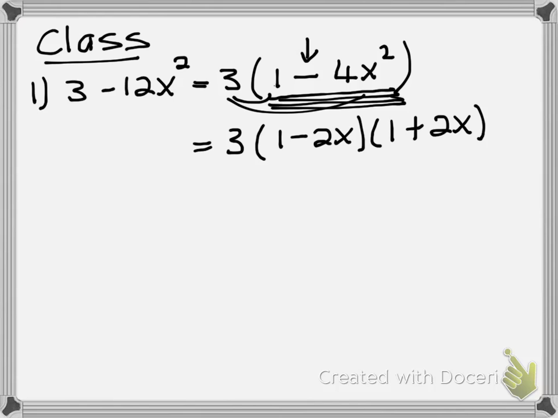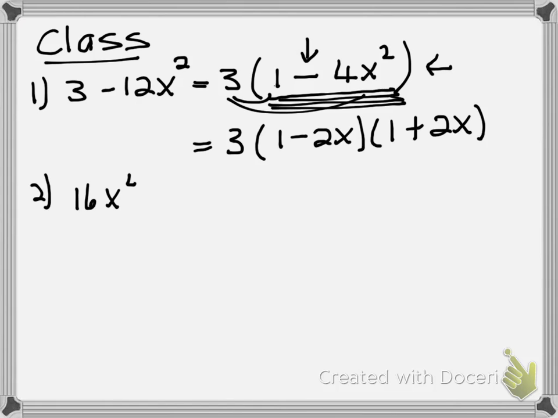There you go, it's completely factored. Do not stop there, you're going to lose a point if you do not factor it further. Always look for the common factor first, and then maybe difference between two squares, maybe sum and difference of two cubes, right?